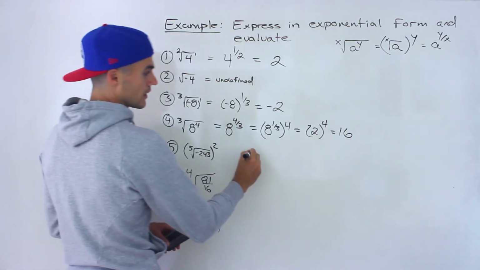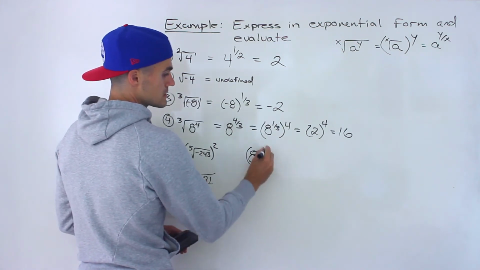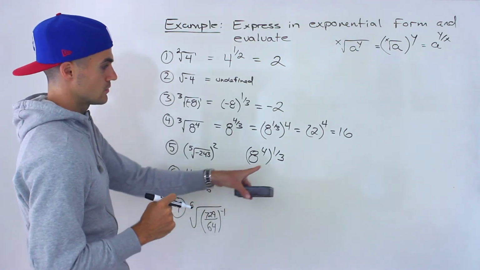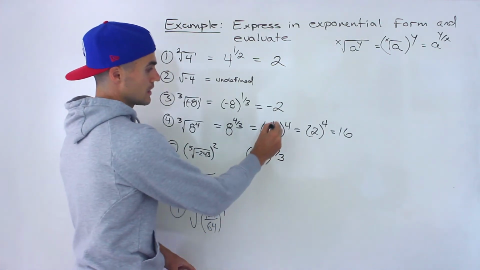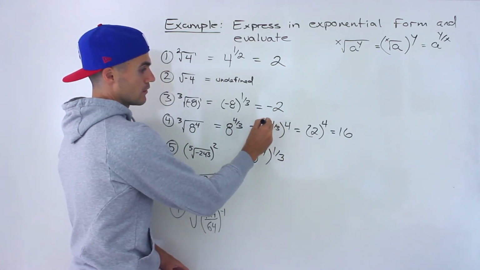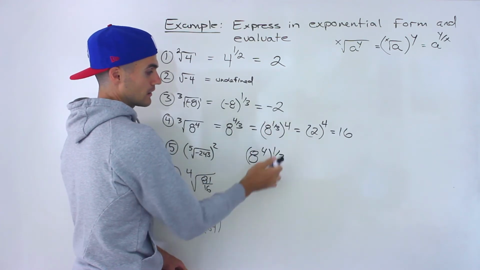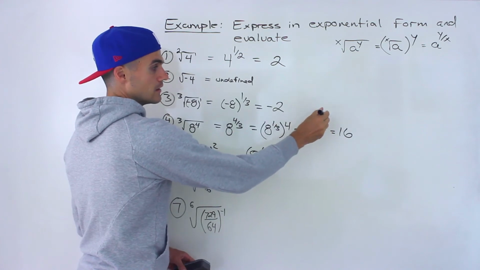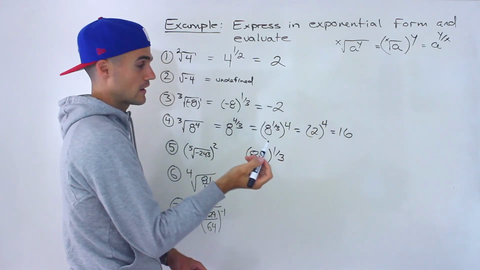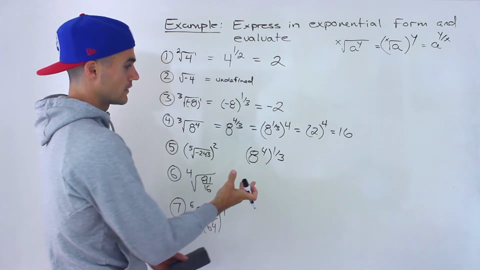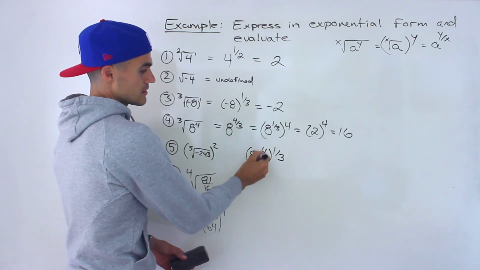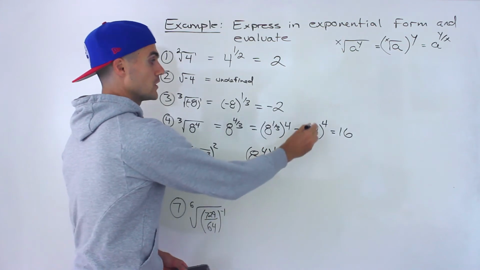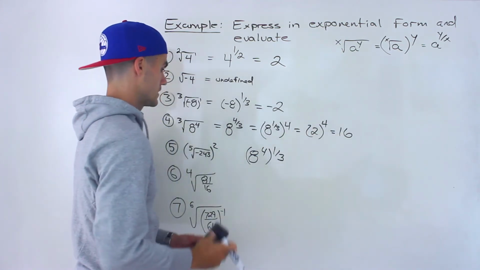You can also split it up the other way, but personally, I like to put the fraction inside the bracket, because then you end up getting a lower number here, and then it's easier to take the low number to that higher number to get the final answer, especially if you're not dealing with a calculator. Here, 8 to the power of 4 is going to take some algebra, versus 8 to the power of 1 over 3, we know it's 2. 2 to the power of 4 is 16.